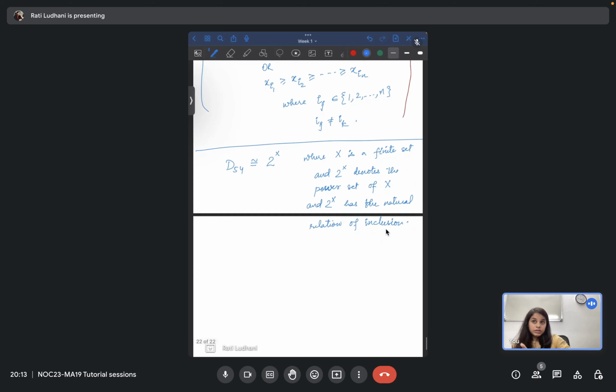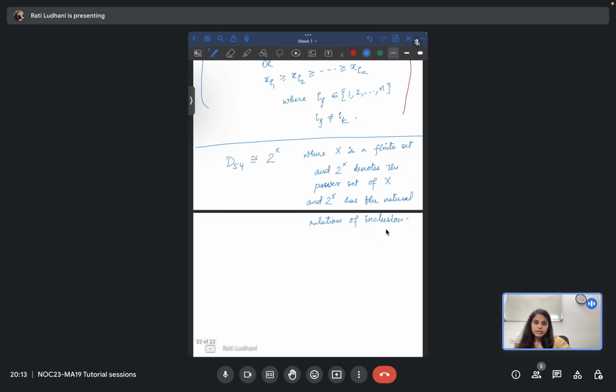Okay, so here Hasse diagrams come into the picture again. So basically, what should be true? Firstly, check the number of elements.